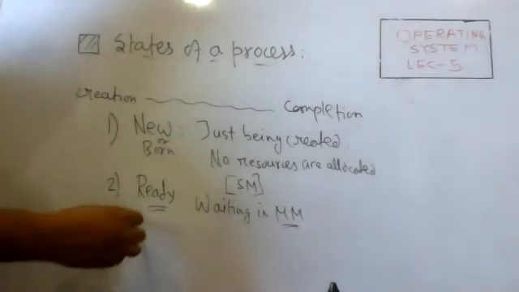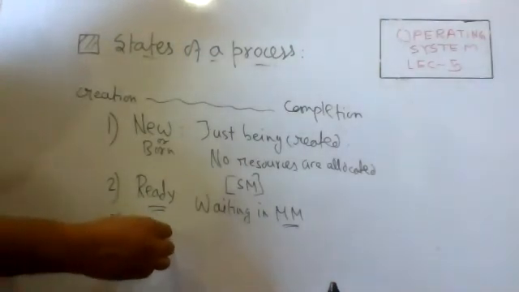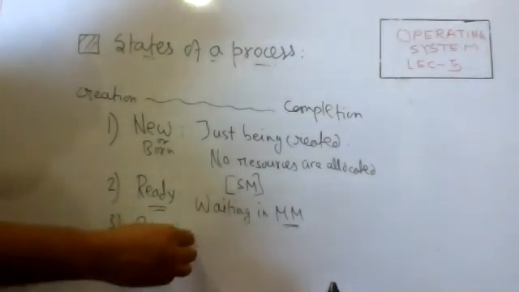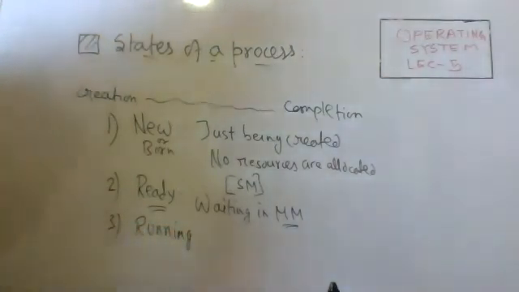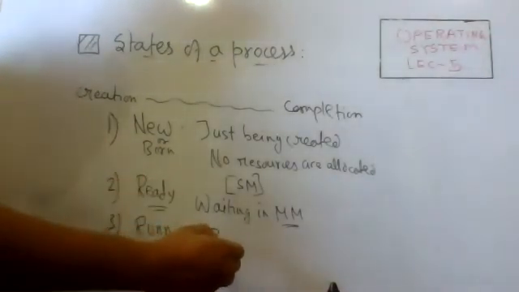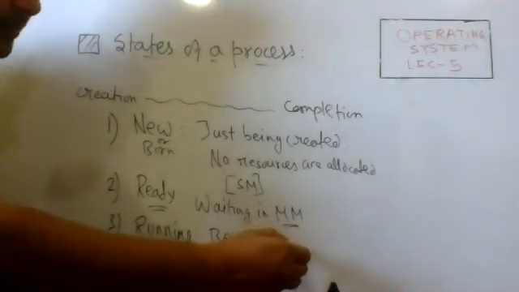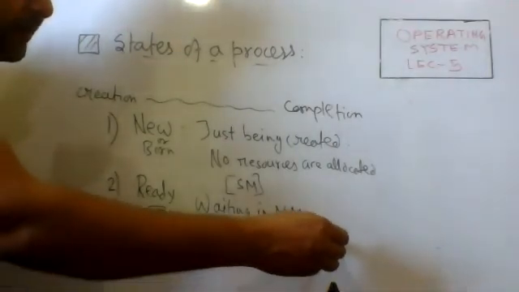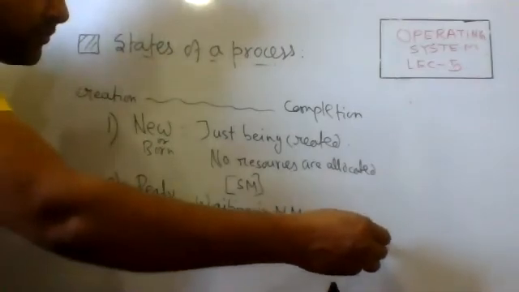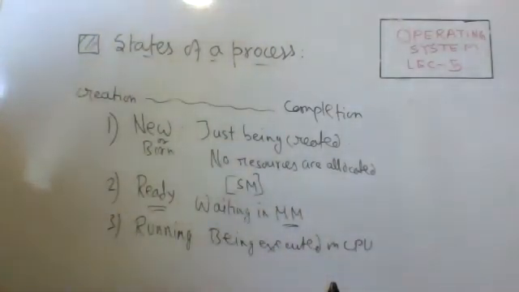Number 3, running state. Actually, the process is being executed in the CPU, and obviously one CPU can execute one process at a time.